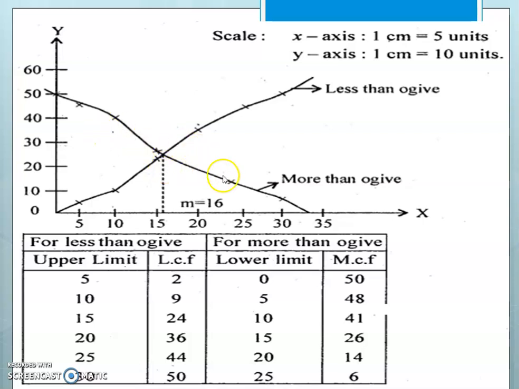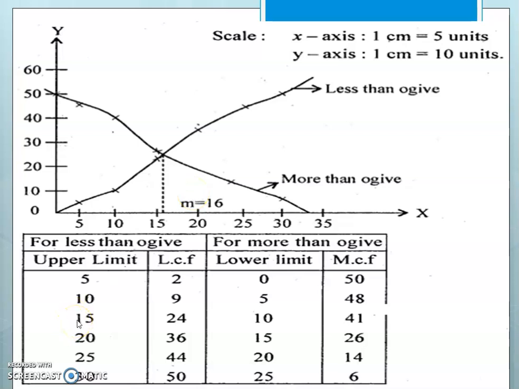You will get a curve like this, one coming down, this is the more than type curve, and one going up, that is the less than type curve. Both of them will intersect at a point. From that point, if you draw a straight line coming down to the x-axis, that point will give you the median.